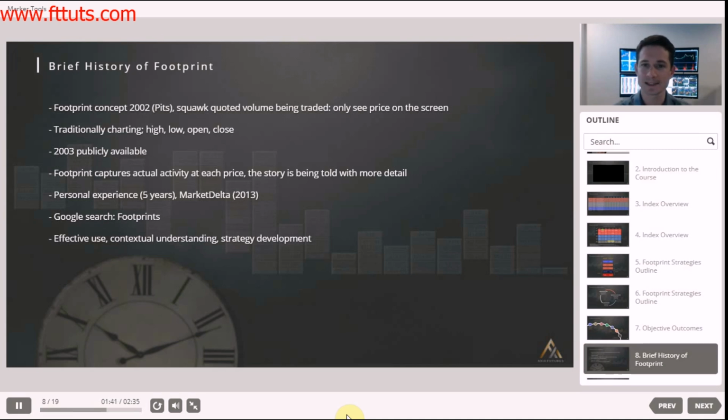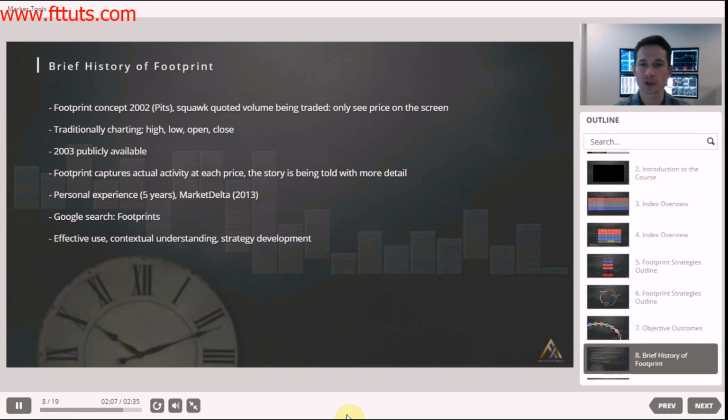Now, the reason that we've created this course is very simply, if you were to go and type into Google or YouTube anything about footprint or how to utilize the tool, what does the tool actually effectively do, it's very difficult to find any kind of meaningful information and education on the footprint tool. And that's why we've created the footprint course.